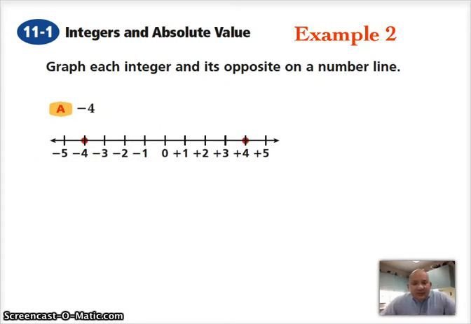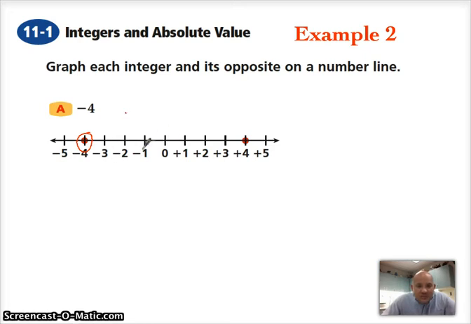Here we have the instructions that read graph each integer and its opposite on a number line. Here we have a negative 4. It says on the number line, not only does it want us to graph where negative 4 is, where's the opposite? Well, the opposite of negative 4 is 4.